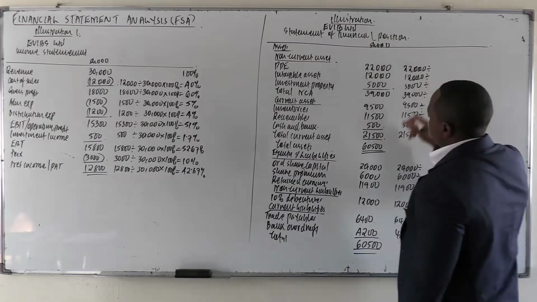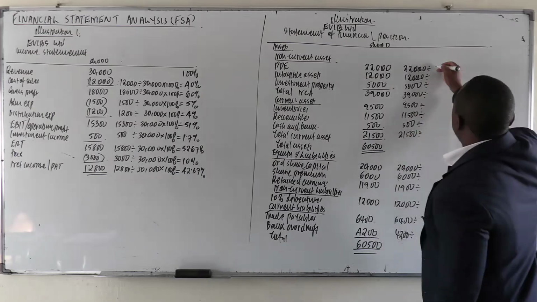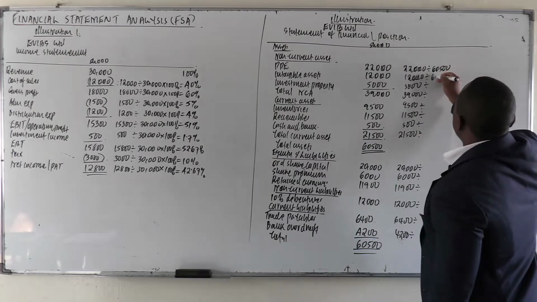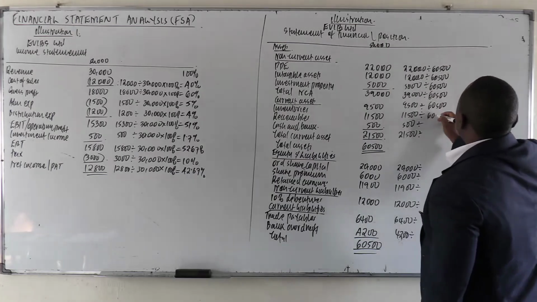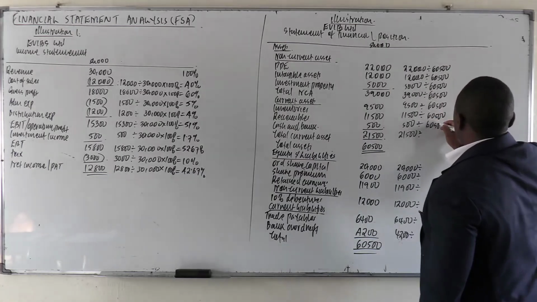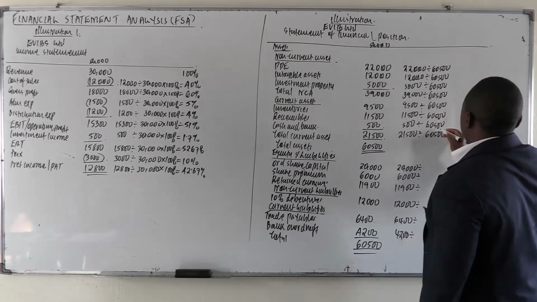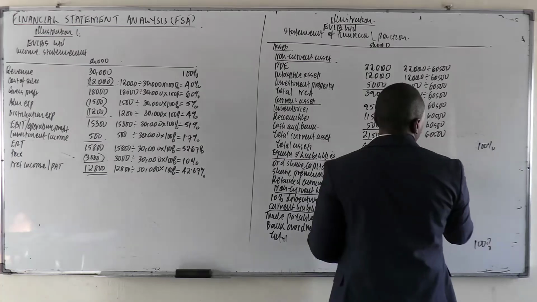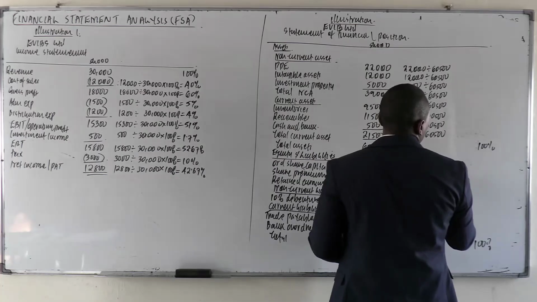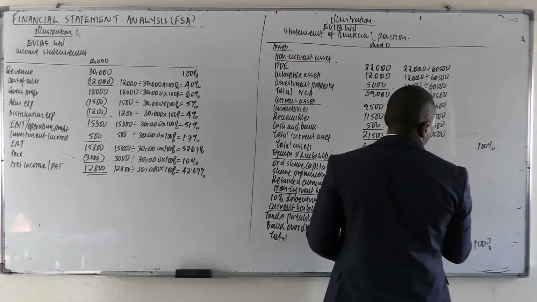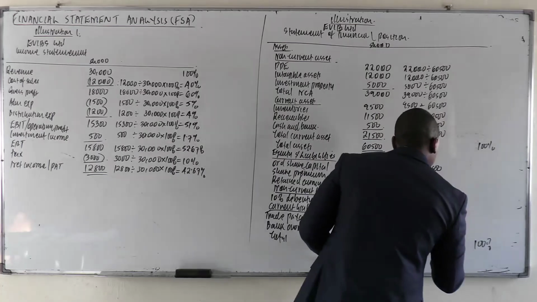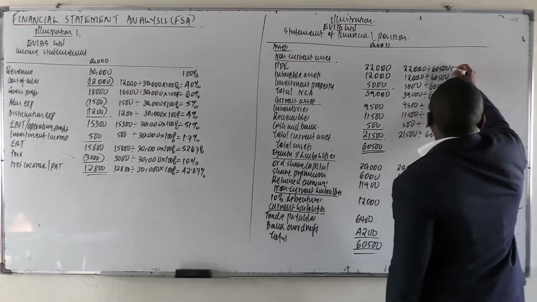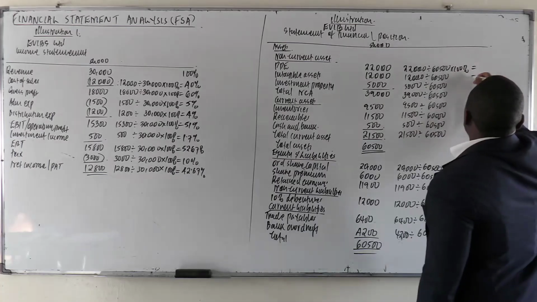Then you express them as a percentage of the total assets, which is 6,500, and then you multiply by 100%. It should be expressed in percentage.